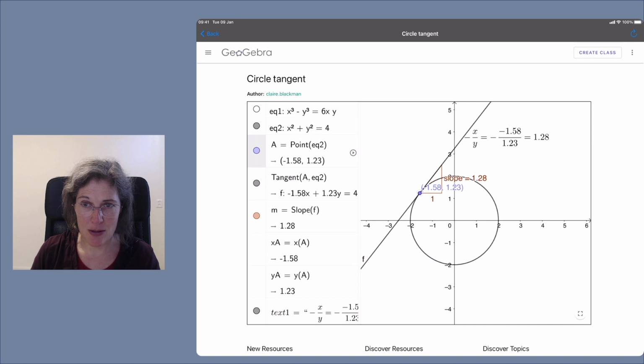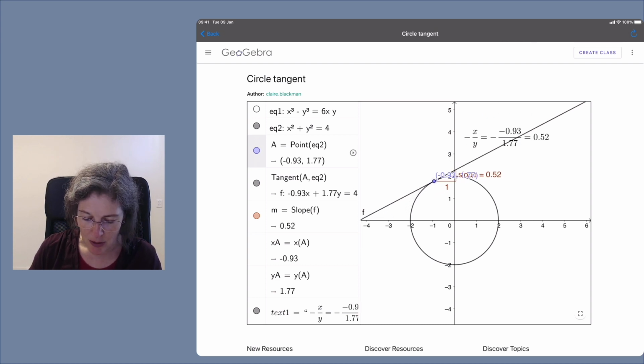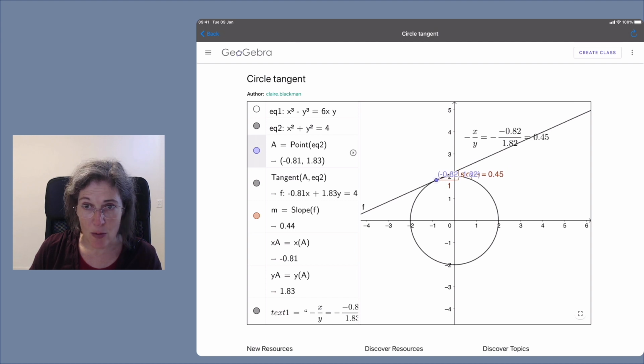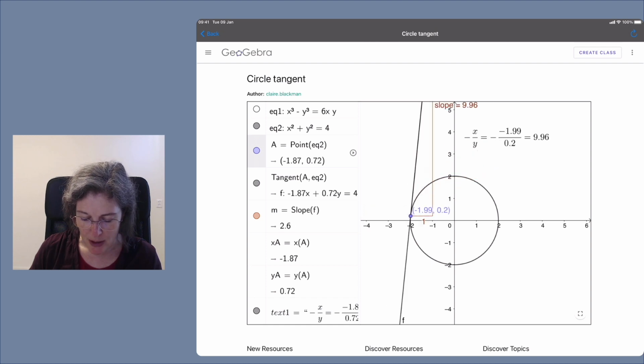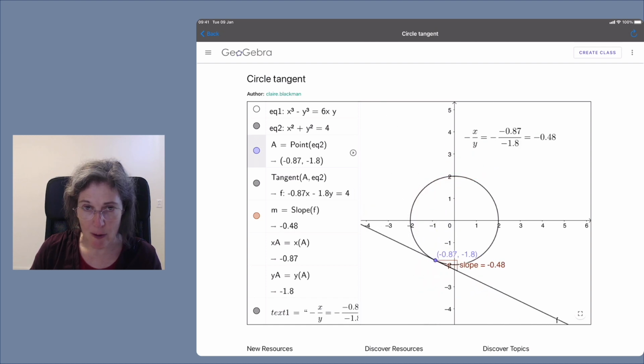Okay, so it seems like what we've done is find a particularly handy way of finding these tangents for things that are not functions. Looking at this a little bit further, you can see why we have to have an x and a y in our formula for the derivative. Because we can't just say, find the derivative when x is equal to minus 1, because when x is equal to minus 1 on this particular curve, you might have a positive y value, but you might also have a negative y value.